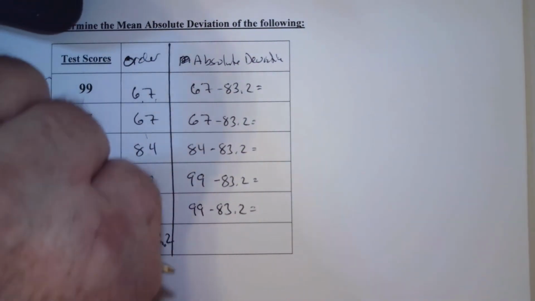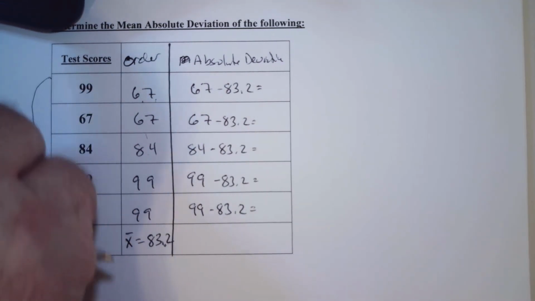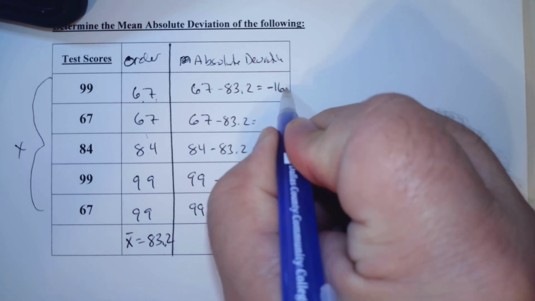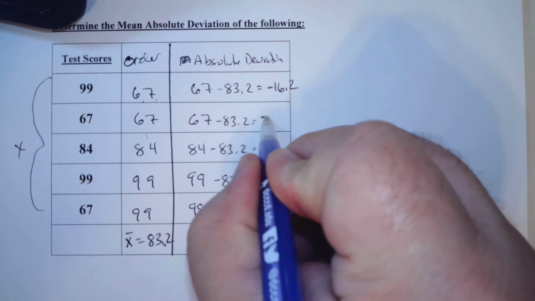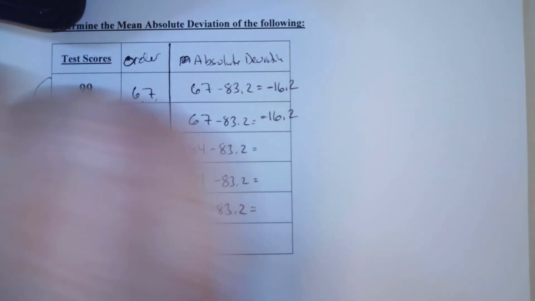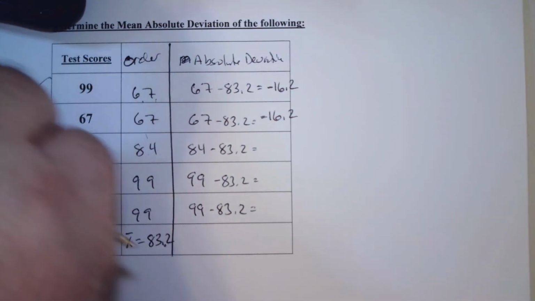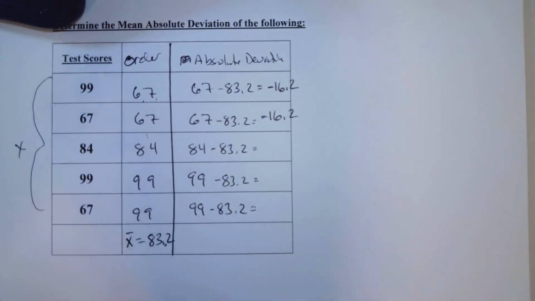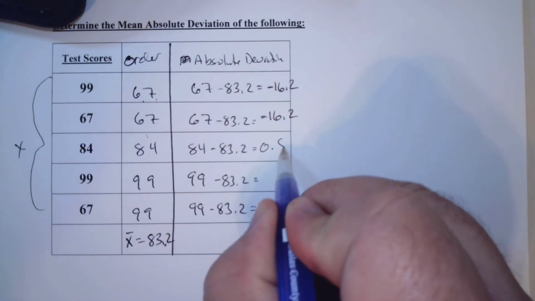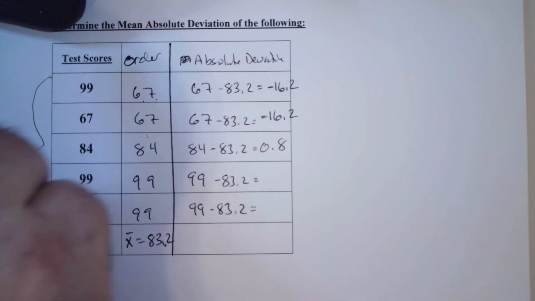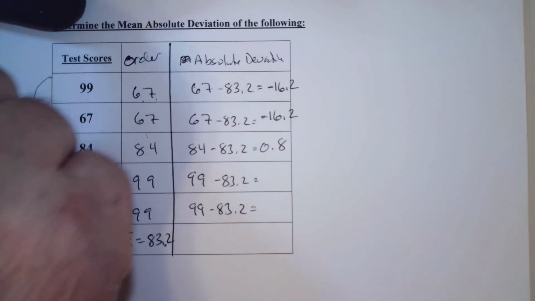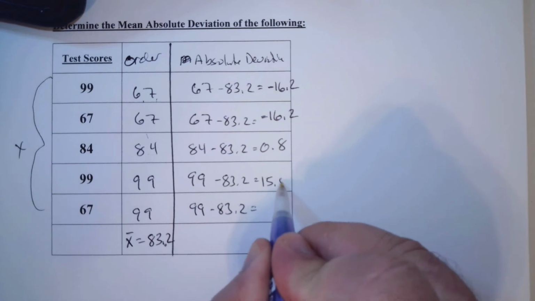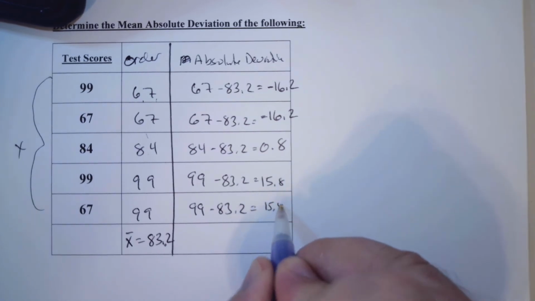So 67 minus 83.2 gives us negative 16.2, negative 16.2, 84 minus 83.2 is going to be 0.8, and 99 minus 83.2 is 15.8, 15.8.